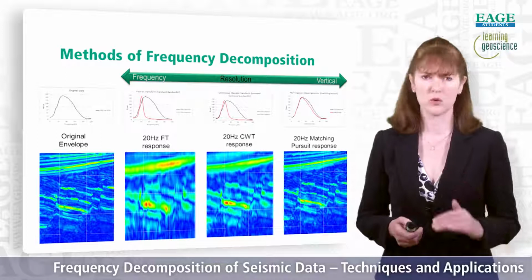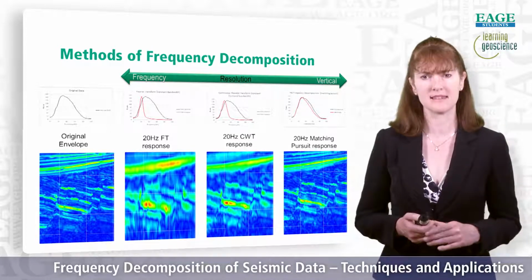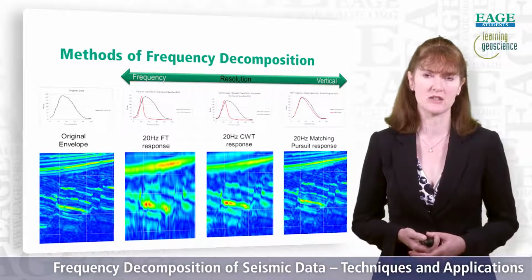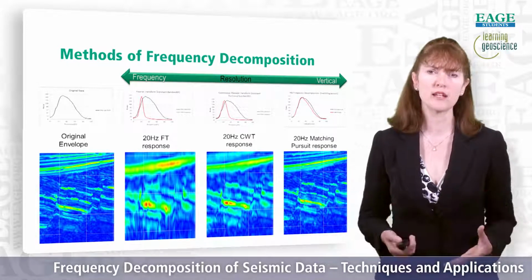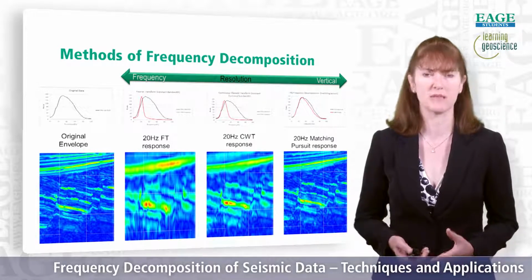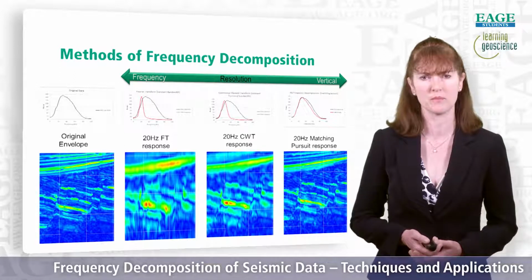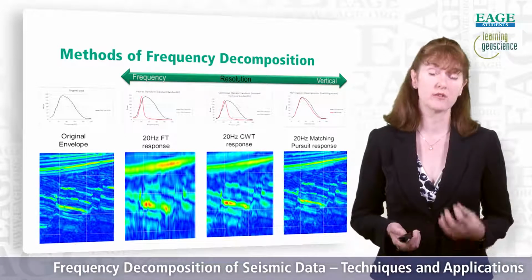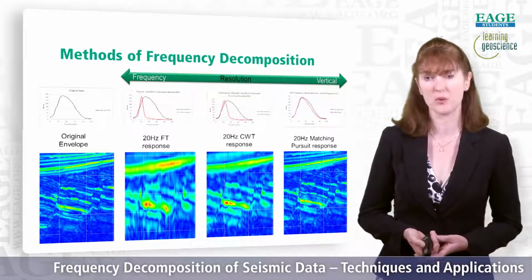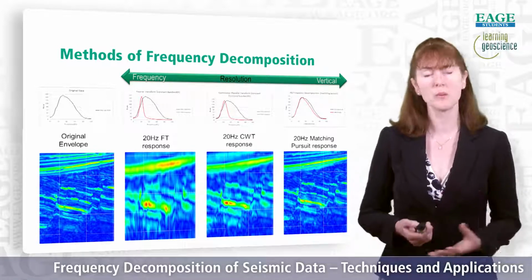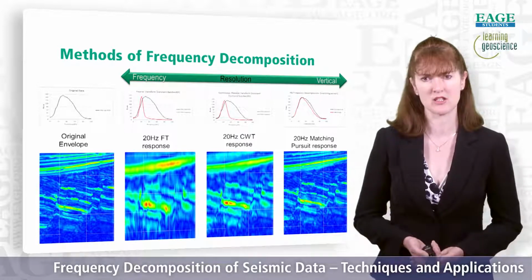So the layers are more distinct again. We can see clearly where the top and the base of each event is, but our bandwidth is much wider. So we're looking at more of the frequency spectrum, and there's less frequency resolution. So depending on whether frequency resolution is important or vertical localization is important, then you use the appropriate technique for your interpretation objectives.